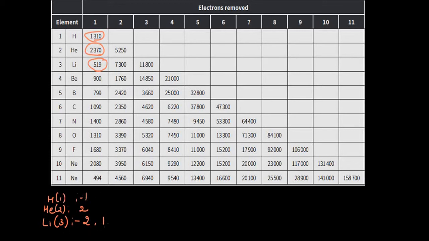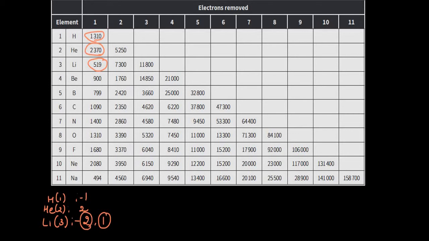That shows that lithium has the outer electron in the second shell, while in hydrogen and helium the first electrons which are getting removed are in the first shell, which is very close to the nucleus. As the outer electron is very far from the nucleus, the ionization energy needed to remove this electron is less compared to the first ionization energy of hydrogen and helium. We can also see that the outer electron of lithium is shielded by 2 electrons in the first shell.